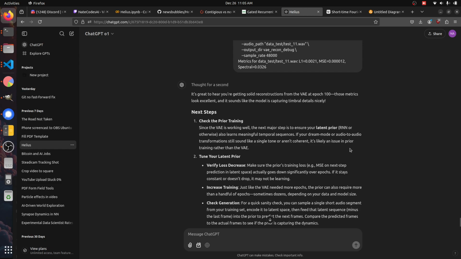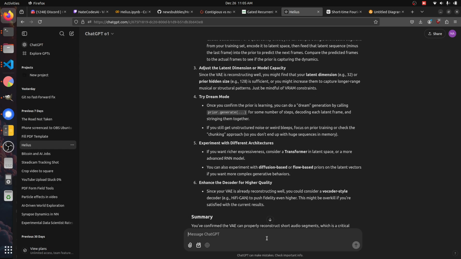Adjust, okay, so how do I verify that the prior has learned something? I have a prior checkpoint that is trained on 100 epochs, but I'm still getting that single thing.